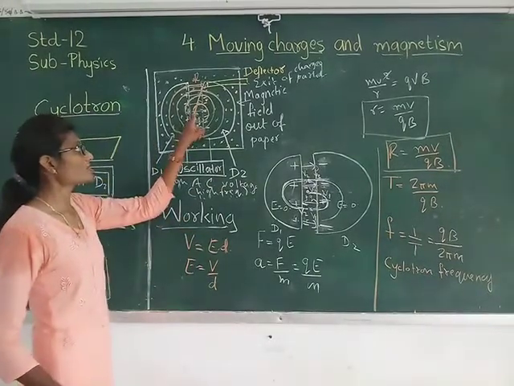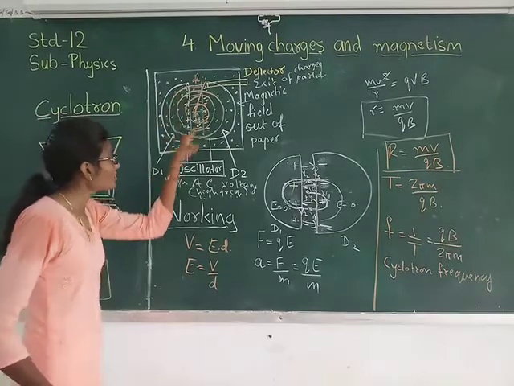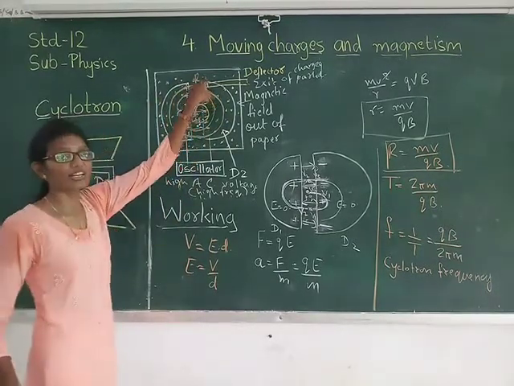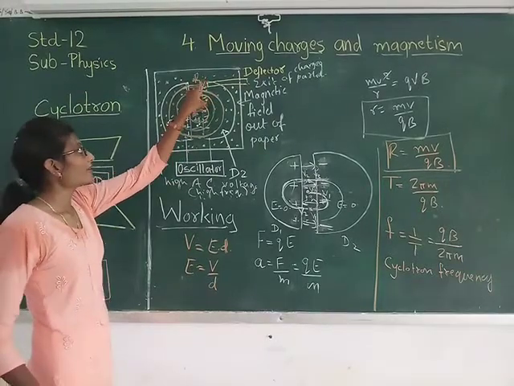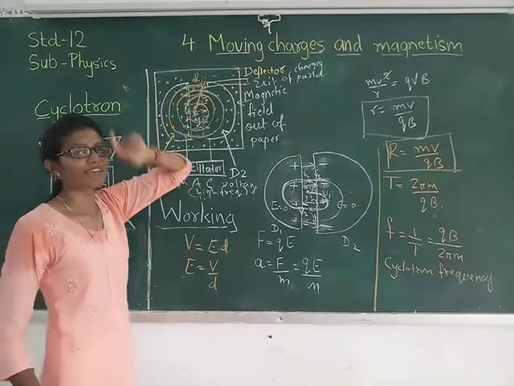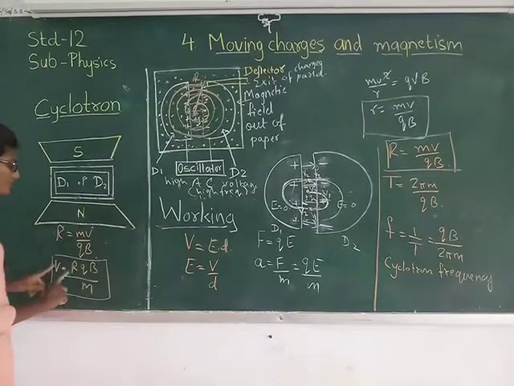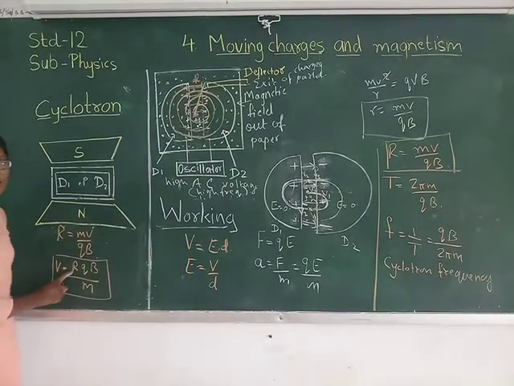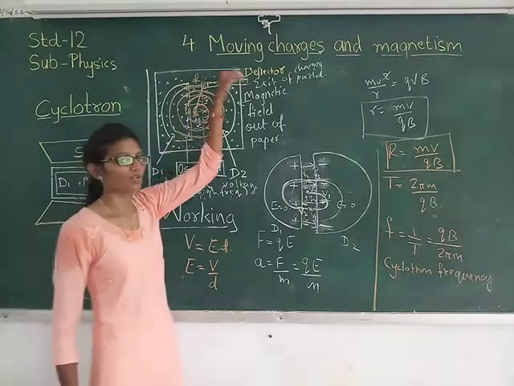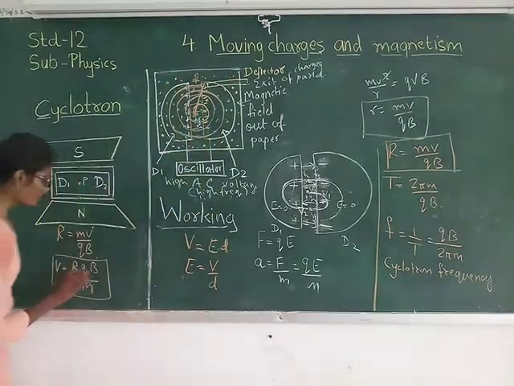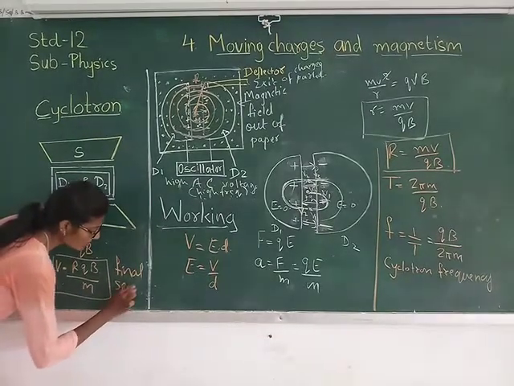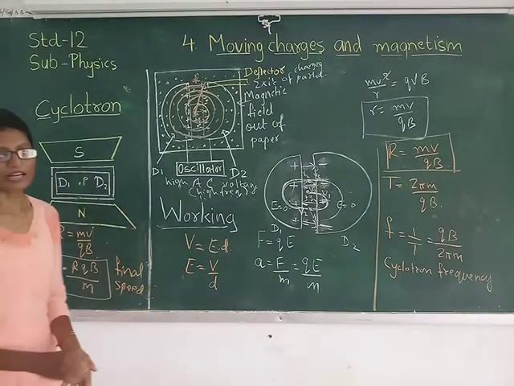Initially its velocity was less and it keeps on increasing as it moves in the circular path. When it comes over here, for the circular path having radius R, its final speed will be v equal to qBR upon m, where R is the radius of the D. This is nothing but the final speed of the charged particle.